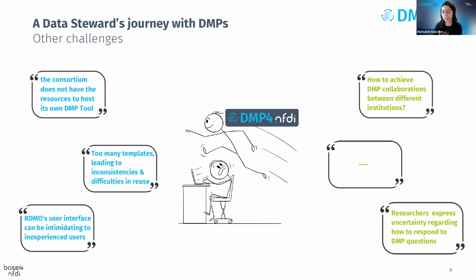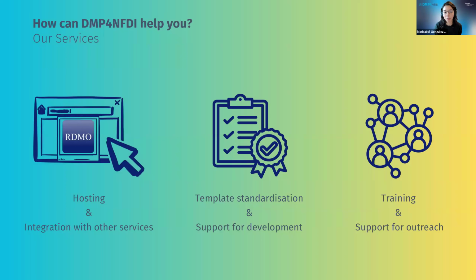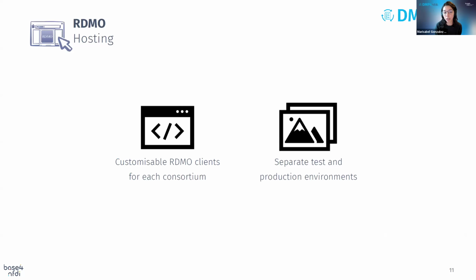So here is where we jump in and help the consortium, because, like I mentioned at the beginning, we have these three main areas of support. First, we offer RDMO hosting, which means we offer customizable RDMO clients for each consortium, where they can work in separate test and production environments.